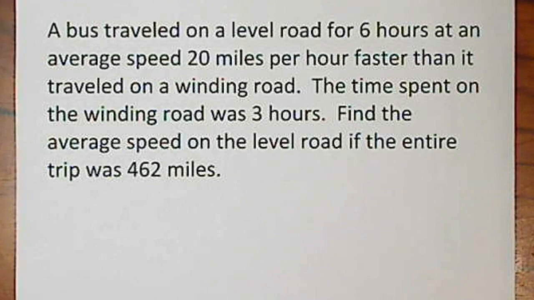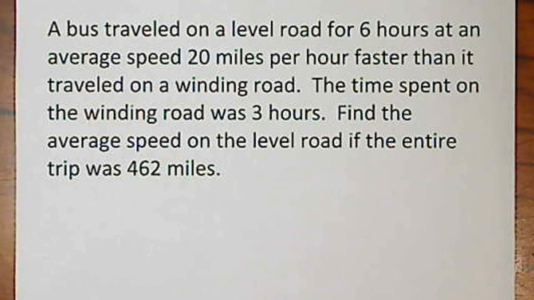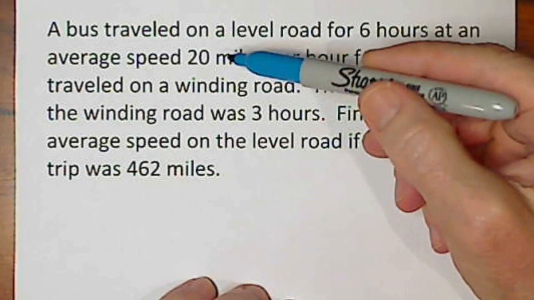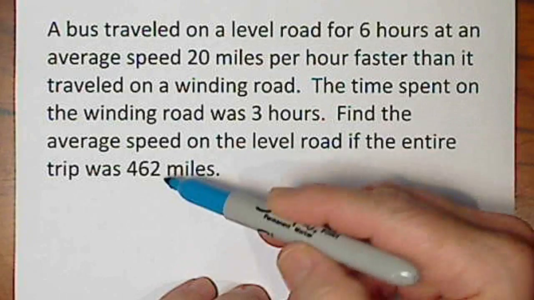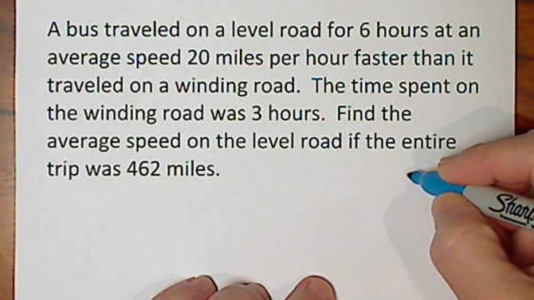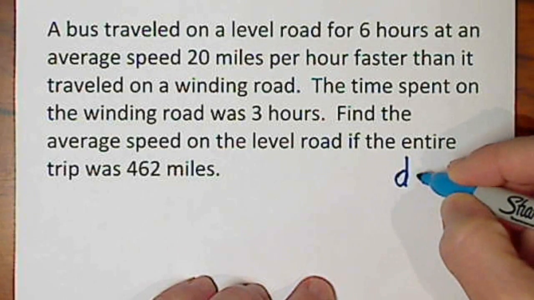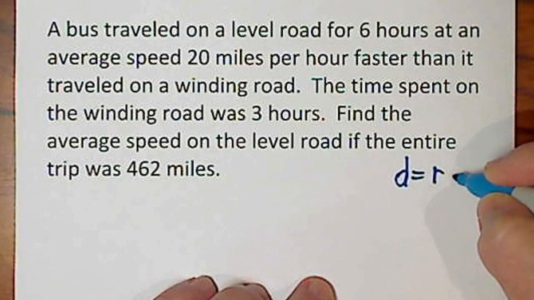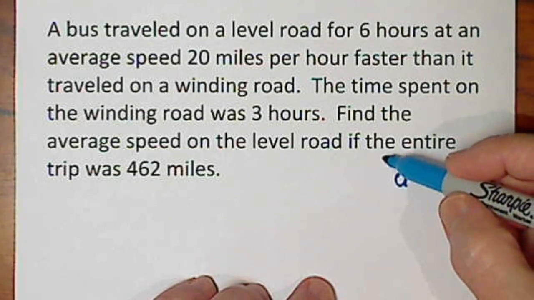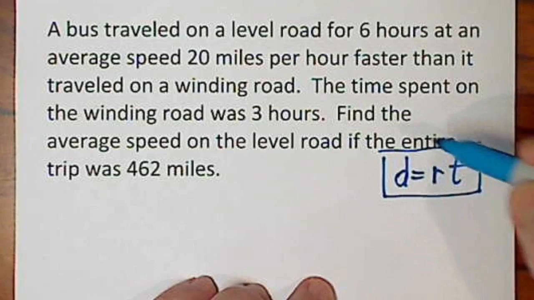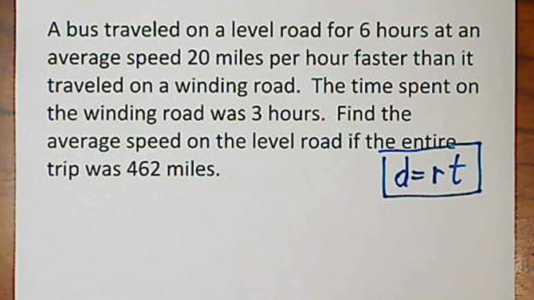Okay, we have a bus traveling on 2 different roads. So we're still going to be thinking about rate and time, distance, so I still want this formula D equals RT to wander through your head and onto the paper. And let's try to get some categories going.